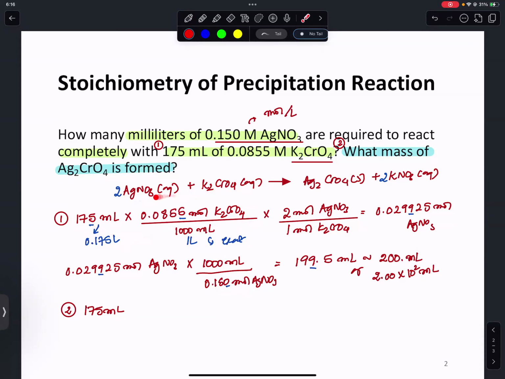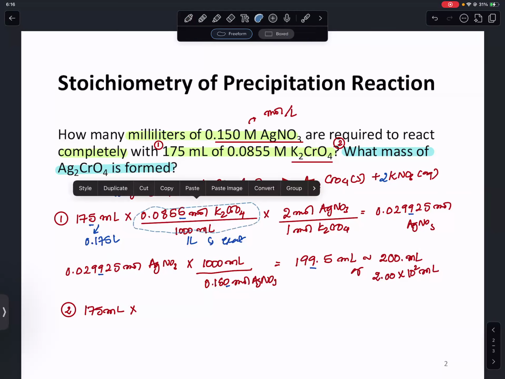I want to switch to moles of silver chromate through the moles of potassium chromate, using the equation, and then switch to mass using the molar mass of silver chromate. So I'm going to say that is 175 milliliters times, and I'm going to copy and paste it right here.